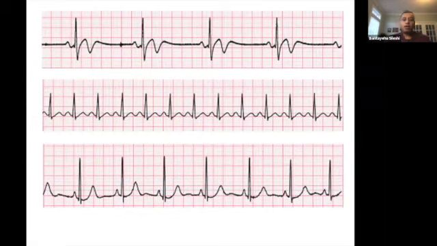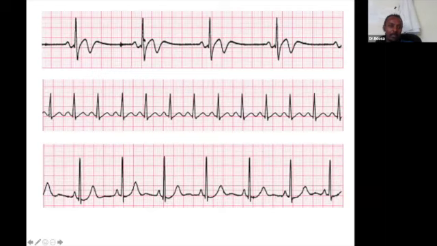So, determining heart rates. Who can tell me what's the heart rate for the first patient in this tracing? Generally, we can see some principles. The first is we can divide 300 by the number of large boxes between the R waves.